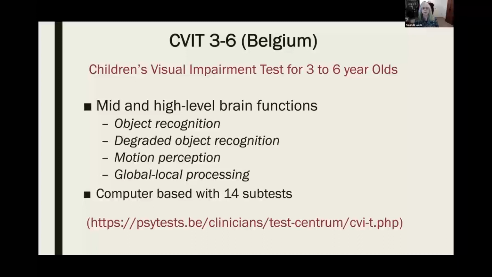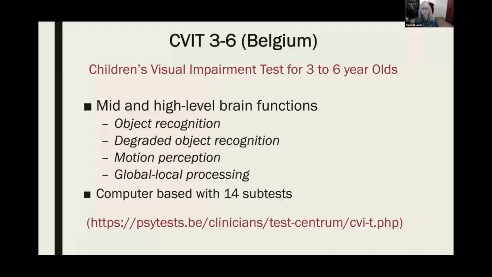Another test that's available free online, that was just finished a number of years ago to get standardization data, is called the CVIT, the Children's Visual Impairment Test for 3 to 6 year olds. And that's for mid and high level brain functions, for object recognition, degraded object recognition, motion perception, global local processing, and it's computer-based with 14 subtests.